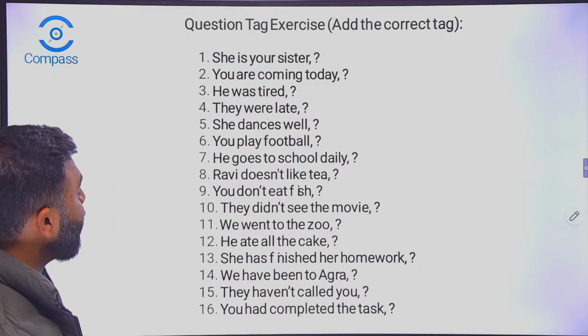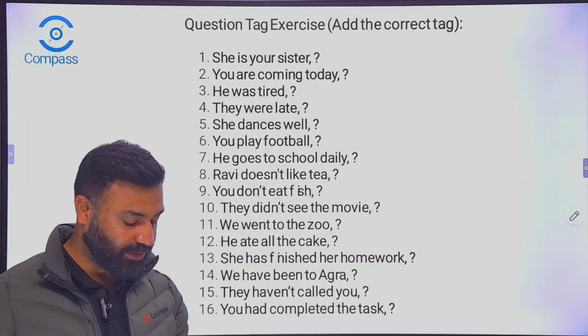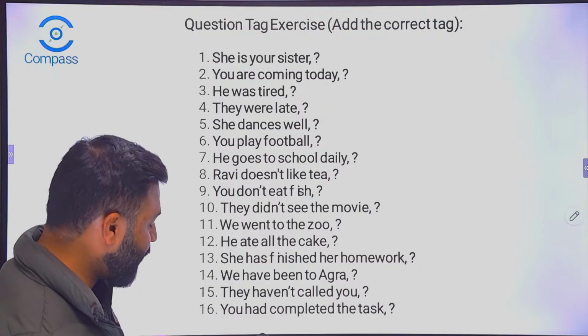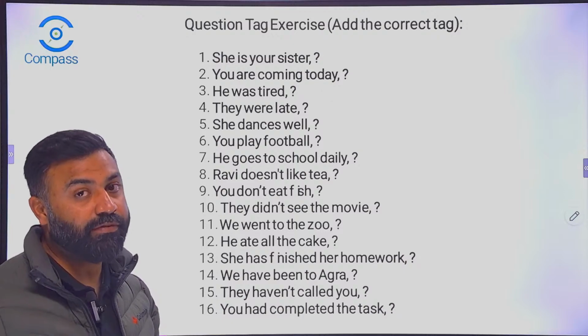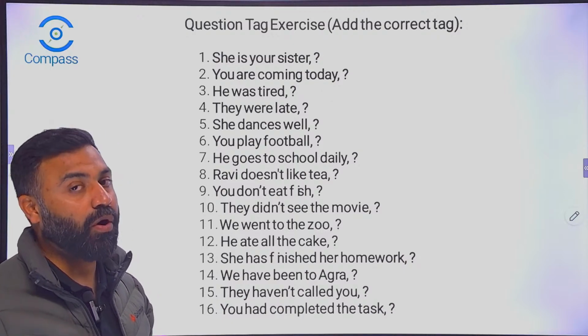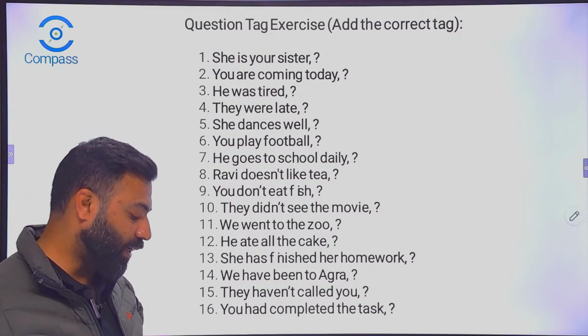Okay, she dances well, doesn't she? That's the right answer. Very good. Doesn't she is the right answer. Isn't she will not be the right answer. If you have written isn't she, wrong. Doesn't she is the correct answer.